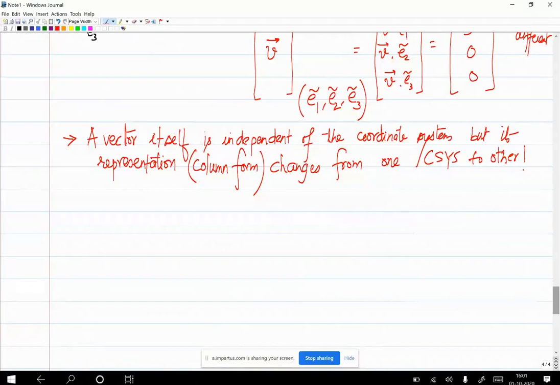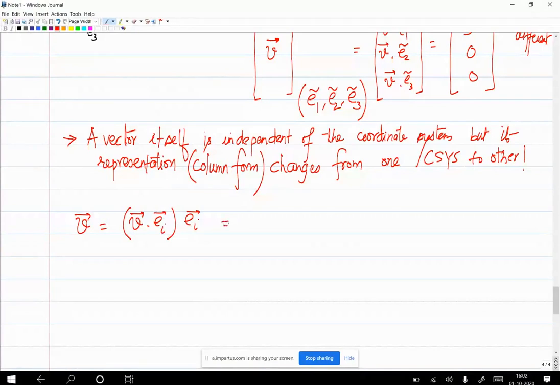Okay? All right, and then, if you want to use summation convention here, you can say that a vector V is equal to V dot Ei, and here automatically a summation over i is implied.